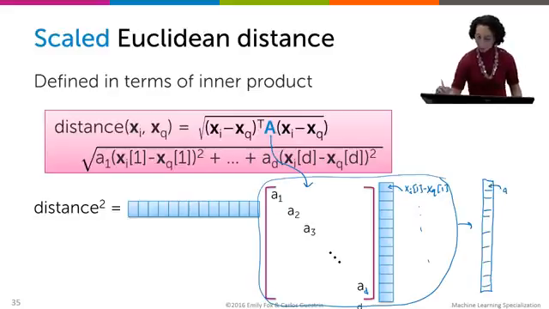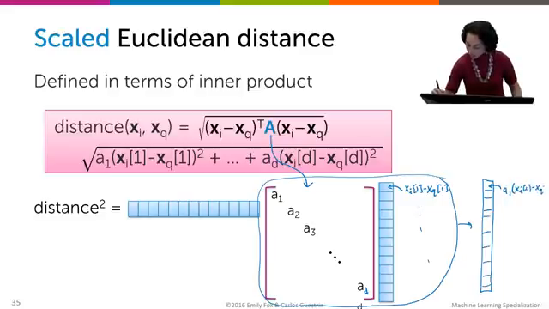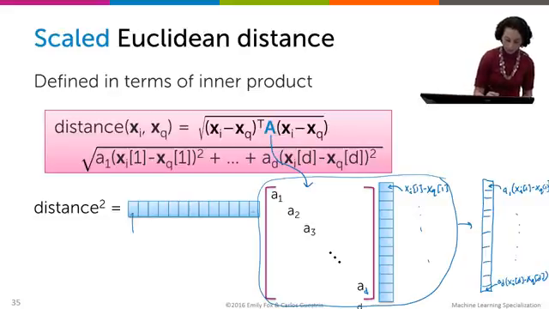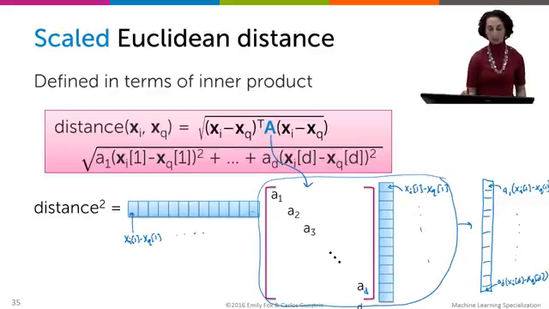The first one would be a1 times xi1 minus xq1, and down at the bottom we would have AD times xid minus xqd, and all the other elements in between. So then when we think about taking this vector and multiplying it by this one, which again simply has the terms without the scaling, then we get out exactly what's inside here, inside the square root. So again, this gives us our distance squared.